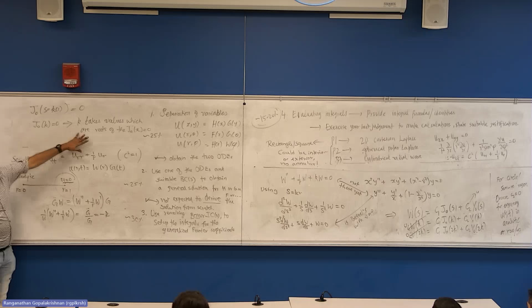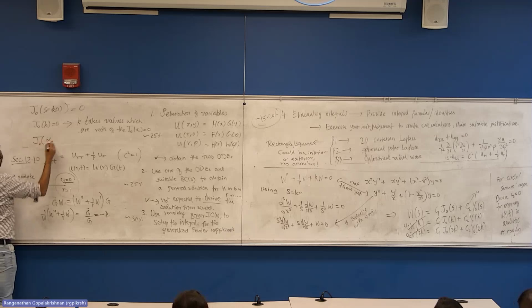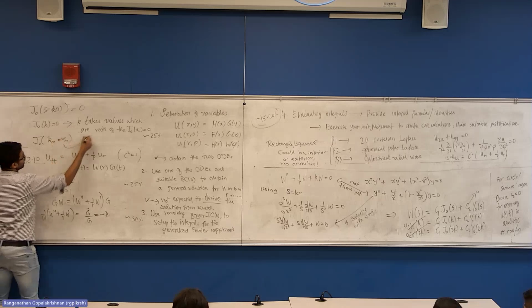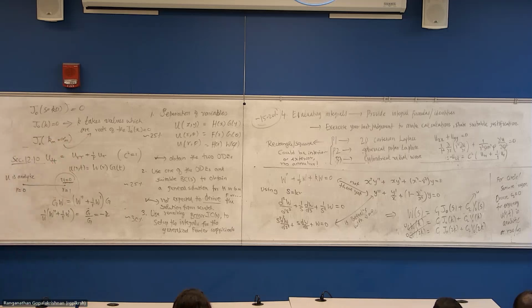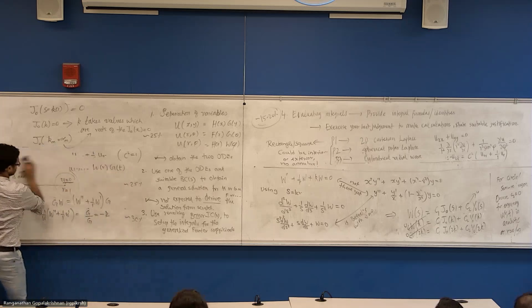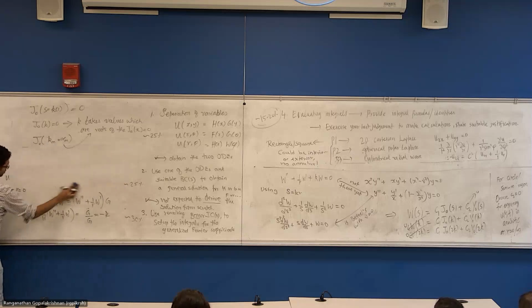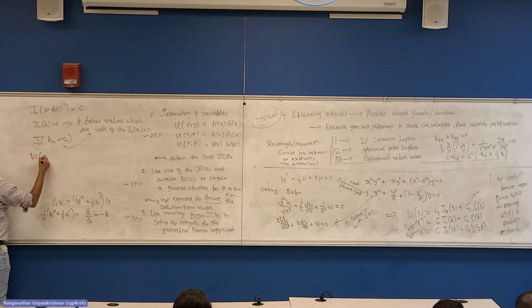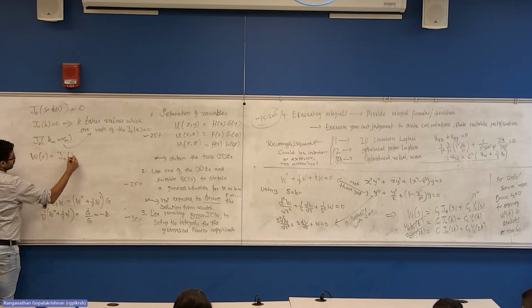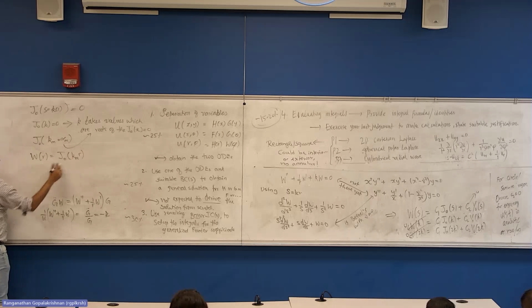Either I will provide the list of roots, but it's just a theoretical point. You can say k takes values which are alpha m, where alpha m are the roots of the Bessel function. So the solution then becomes W of R is J0 of k_m R, and since this depends on m, I'll add an m subscript to the W as well.